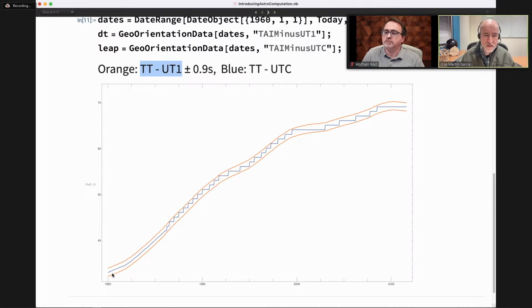So what we are doing is changing UTC in blue, by an integer number of seconds, since about 72, so that the blue line always stays inside, right? As I said, the orange lines are observed, measured very precisely, and then we have to keep adding leap seconds to keep this line inside. It may happen if this goes down in the future that we have to remove in the next 10 years or so a leap second. That will be the first time that a leap second is removed.